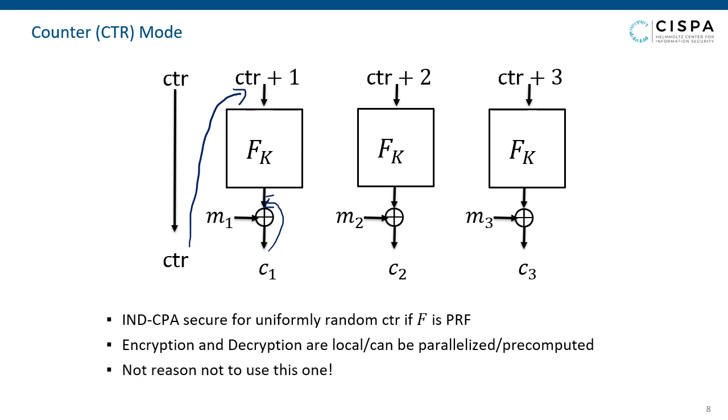As a matter of fact, there really is no reason not to use this mode of operation. In a way, you can think of all the other modes of operation as just existing for legacy reasons. They were used one time back, but these days the state-of-the-art mode of operation for block ciphers is the counter mode.